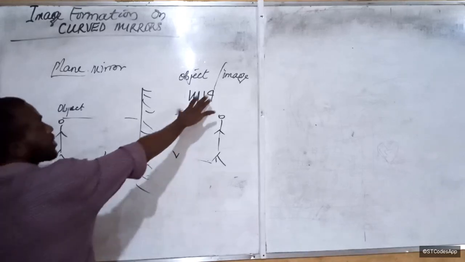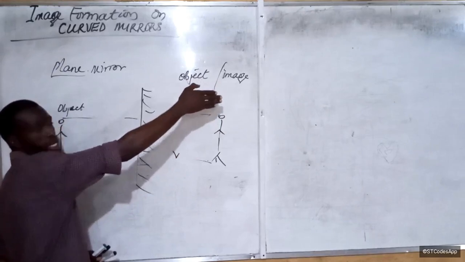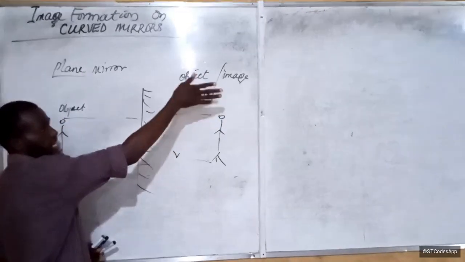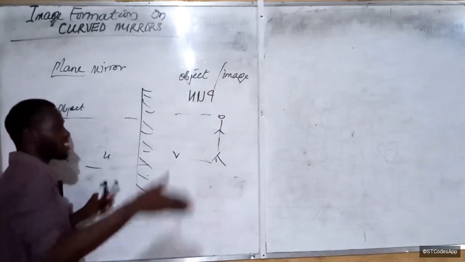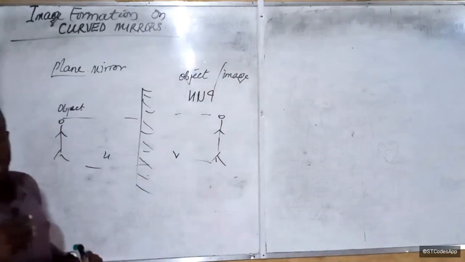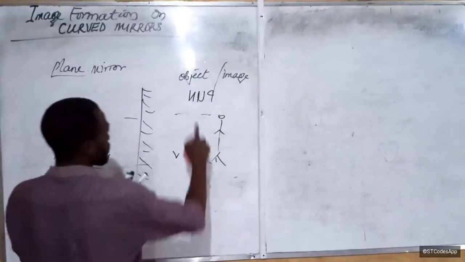If I put a mirror here and view this word, I'm going to see it reversed, and that is lateral inversion. So what a plane mirror does is produce a non-superimposable image of this form.